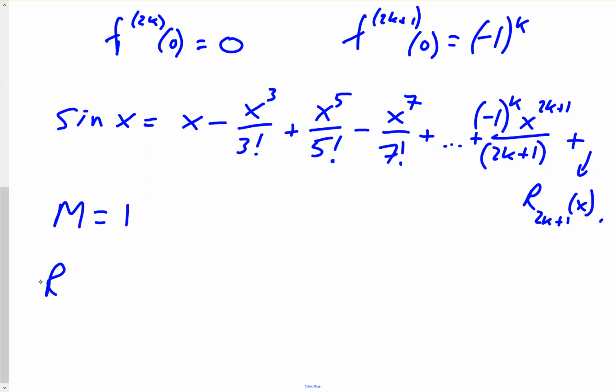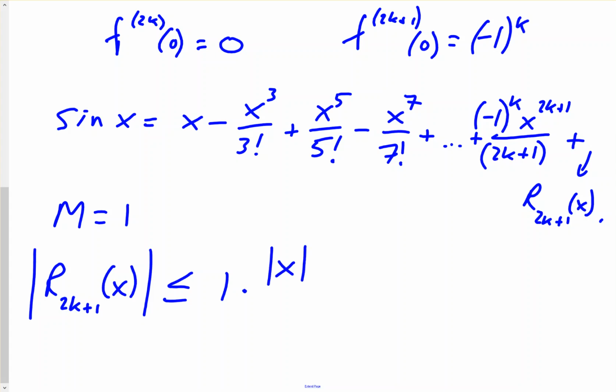So we would say absolute value of r 2k plus 1 of x is going to be less than or equal to 1 times x to the, now we usually have 2k plus 1, so if we add 1, that'll be 2k plus 2 over 2k plus 2 factorial.